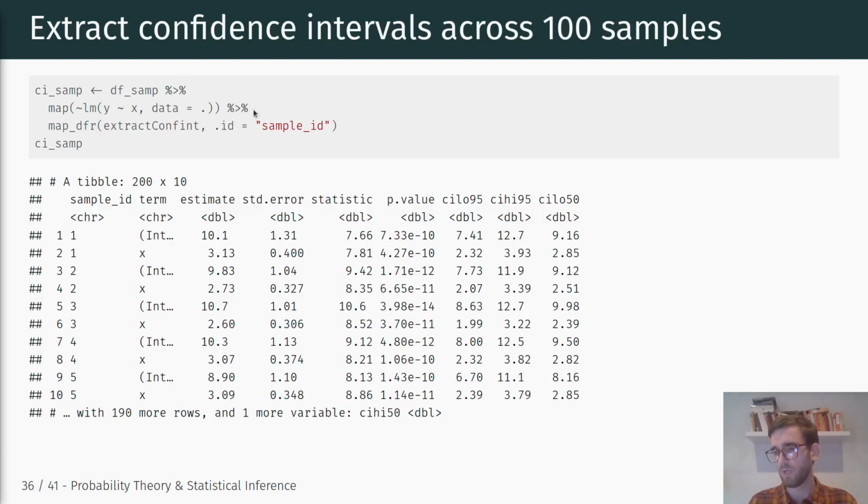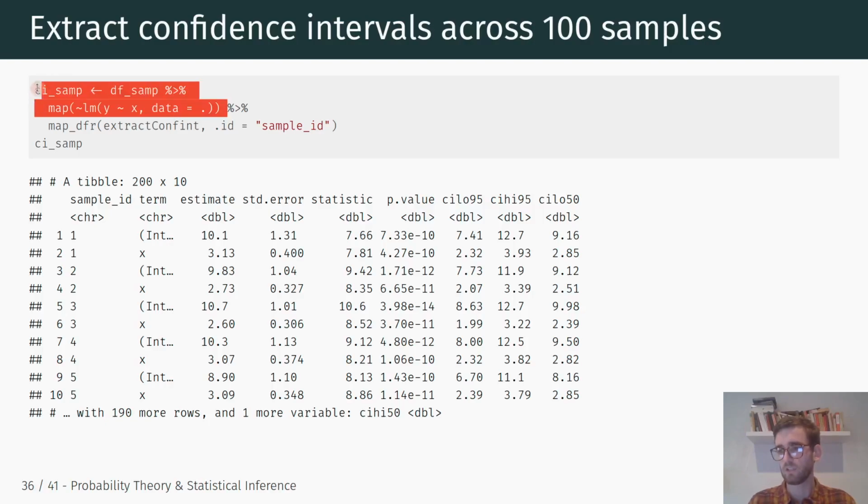And the way we do this is we, again, use the map command, because the output of this line of code, and you can check this by running just the first two lines here, is still a list, okay? And so we can still use map to apply a function to each element of that list that is the output of the first two lines of code here.